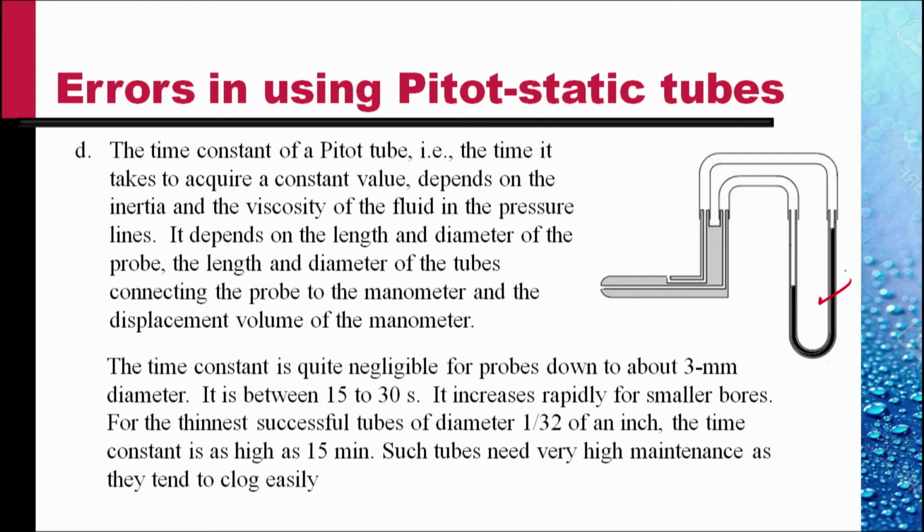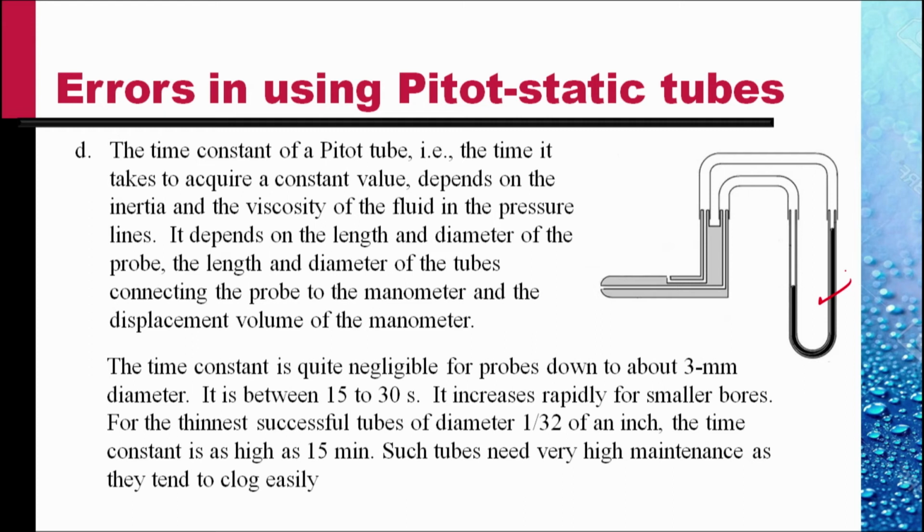But if the tube diameter reduces further, the time constant increases rapidly. For the thinnest successful tubes, of diameter 1/32 of an inch, a little less than a millimeter, the time constant is as high as 15 minutes. So one has to be very careful.